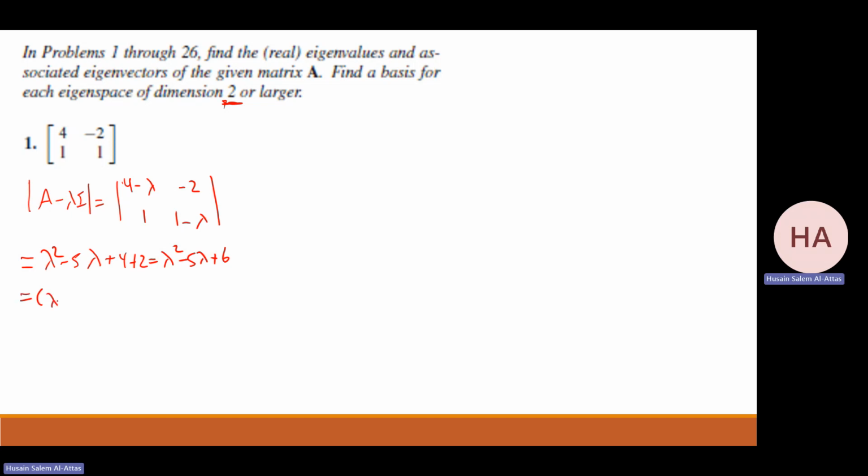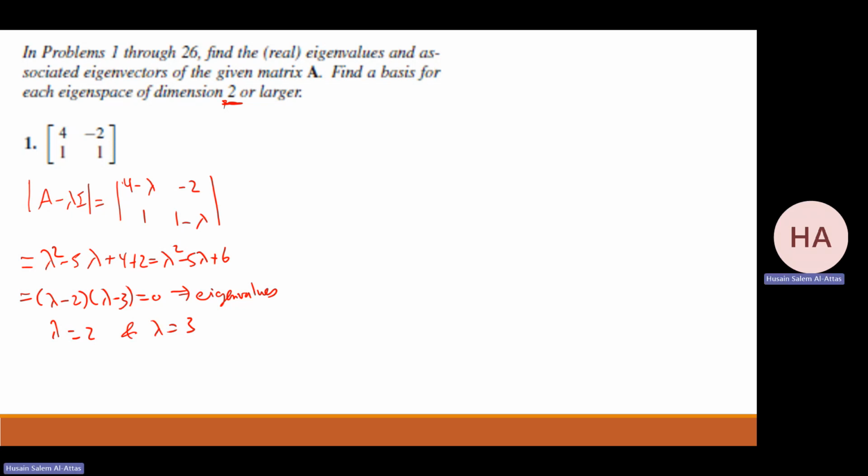That is lambda minus 2 times lambda minus 3 equals 0. So the eigenvalues are what? Lambda equal 2 or lambda equal 3.